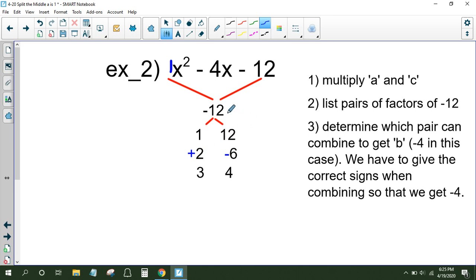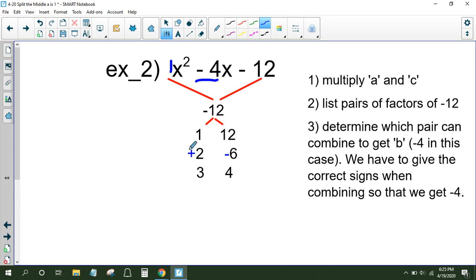But we actually do have a negative 12 here. So what we want to do is determine which pair of factors can combine to get the b value, and in this case, our b value is a negative 4. So we're going to have to give the correct signs to the pair values so that we can actually get a negative 4 if we combine them.